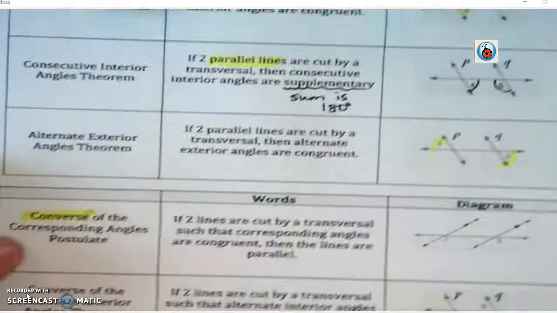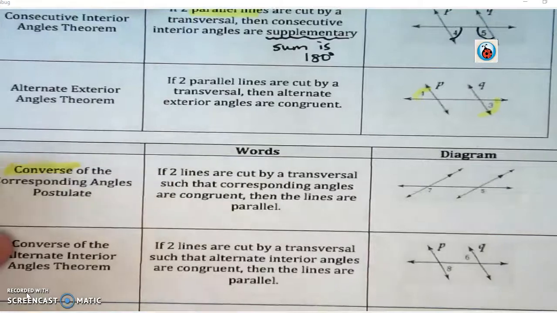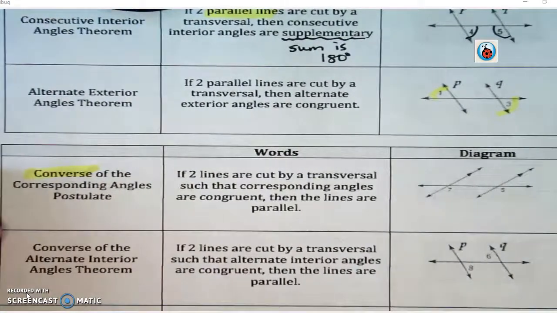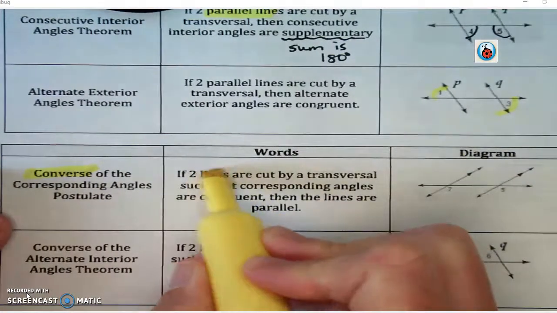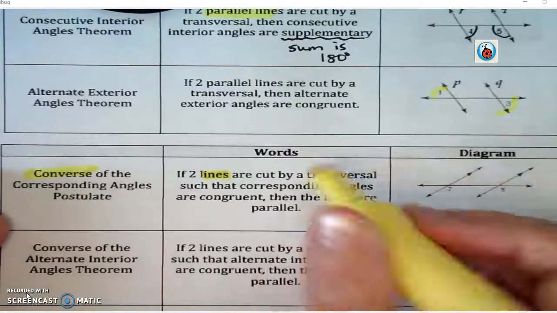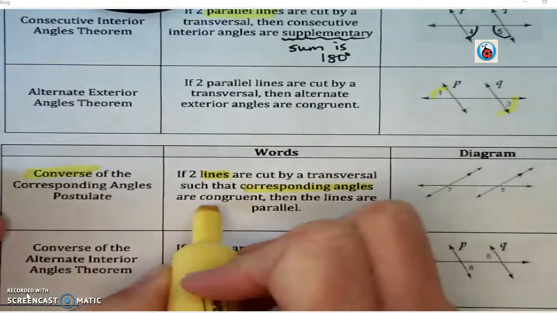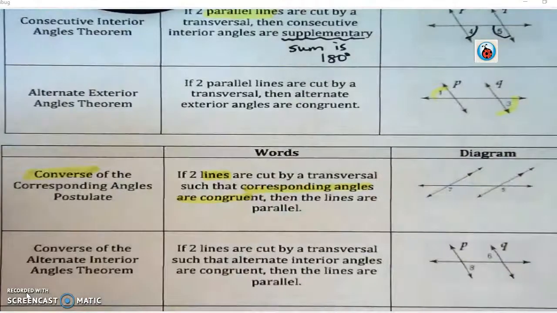The converse refers to the postulate backwards, in reverse order. That is not always true, but in this case it is. So if you have two lines, and we don't know if they're parallel at this point, we're just saying if two lines, parallel or not, are cut by a transversal, but such that we know their corresponding angles are congruent, then we can say the lines are parallel.